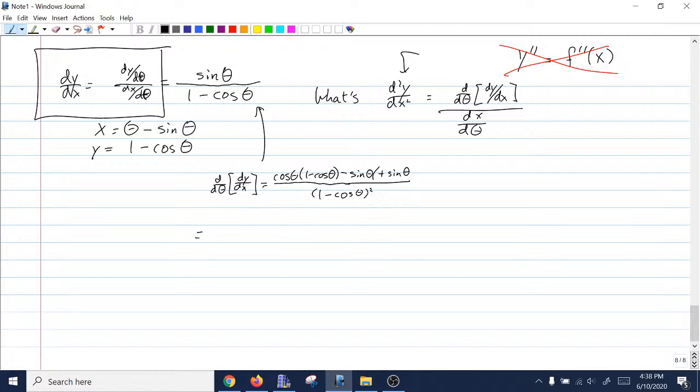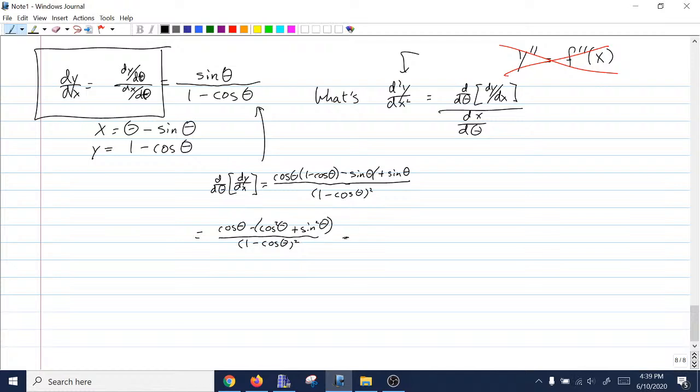What is this? This is cosine theta minus cosine squared theta minus sine squared theta, all over 1 minus cosine squared, which I guess I could FOIL out, but I don't see a good reason to. Hey, I know something about cosine squared and sine squared.